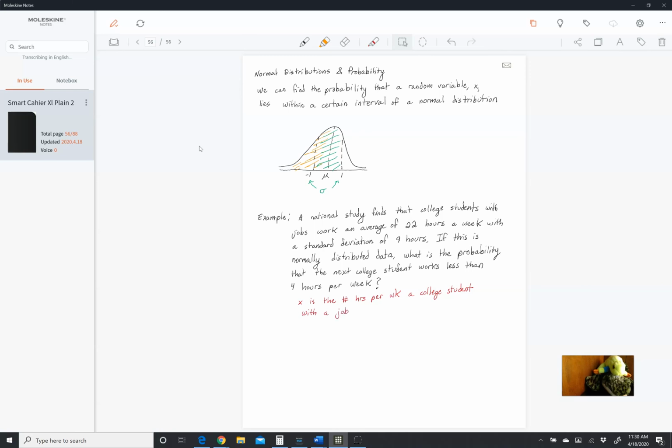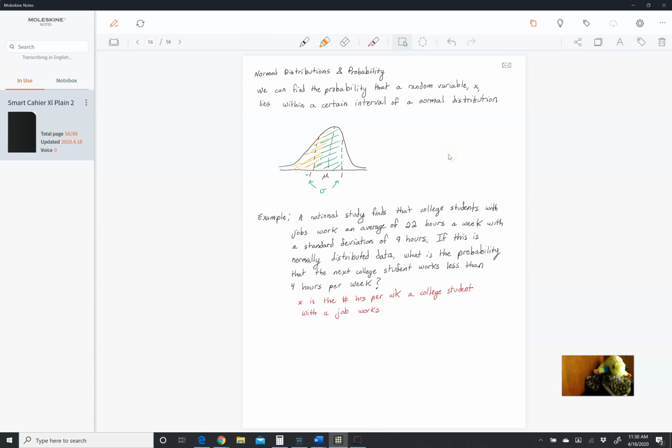Our random variable is always revealed in the question, but it's also revealed here because it's what we're measuring: the number of hours a week that a student works. So that's what X is.